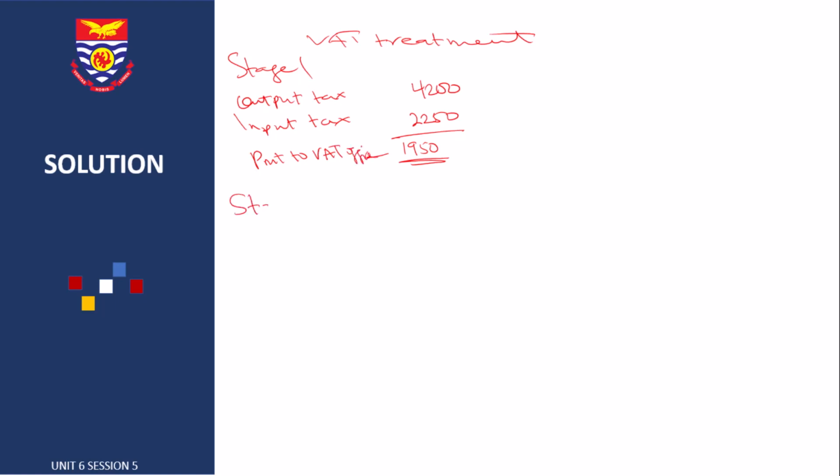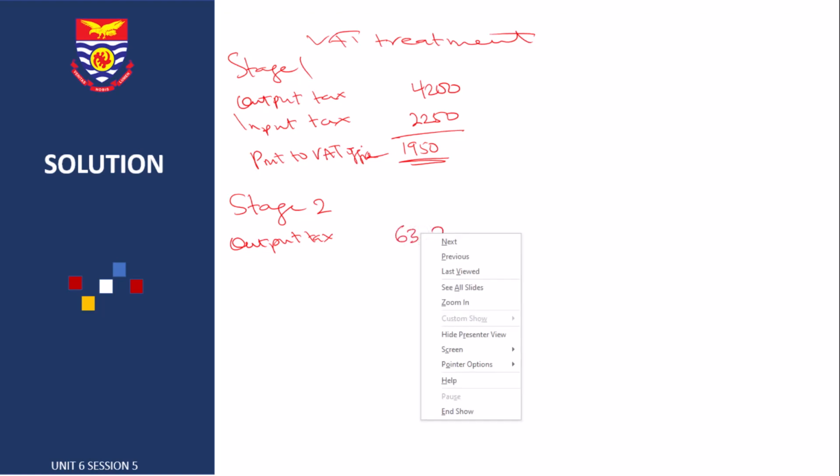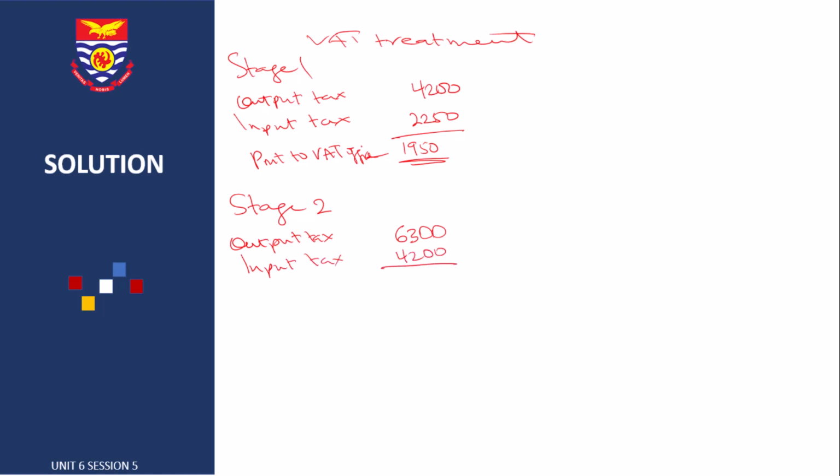Then stage 2, we had output tax of 6,300 and our input tax of 4,200. When we deduct, we get 2,100.